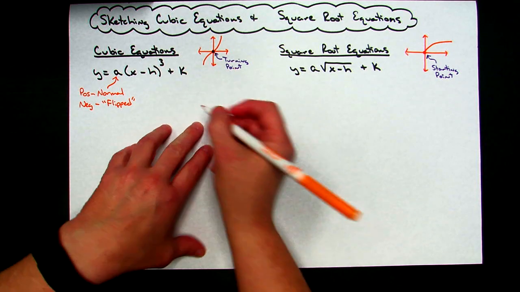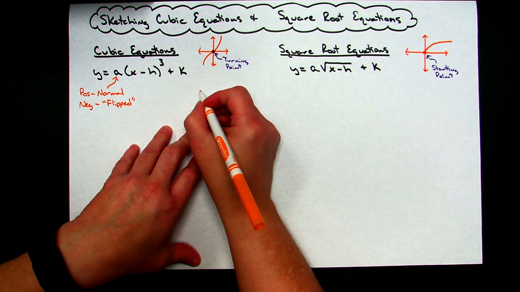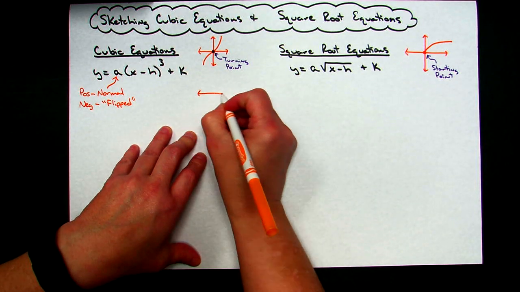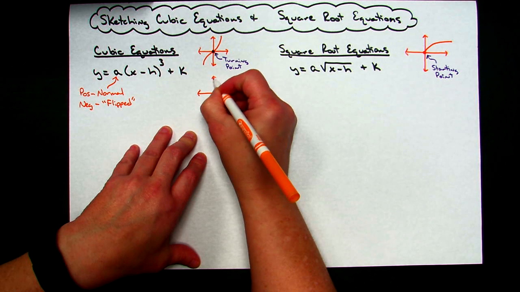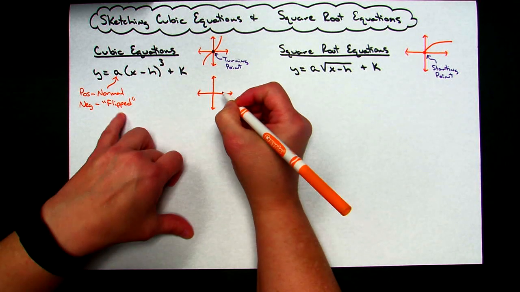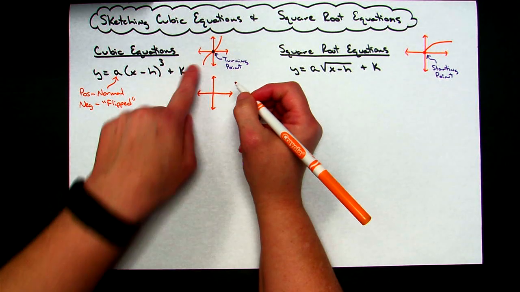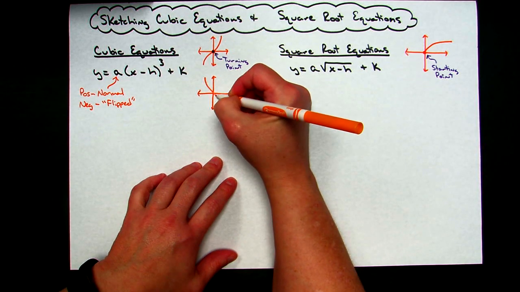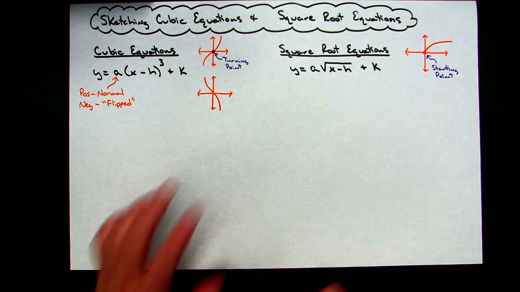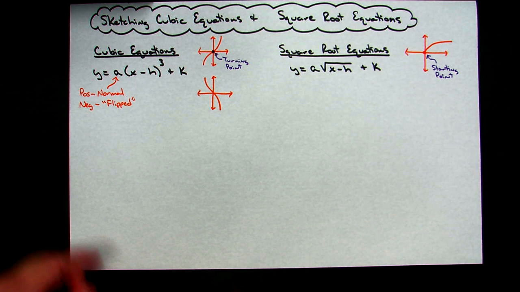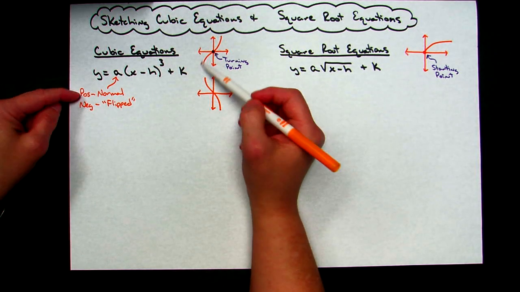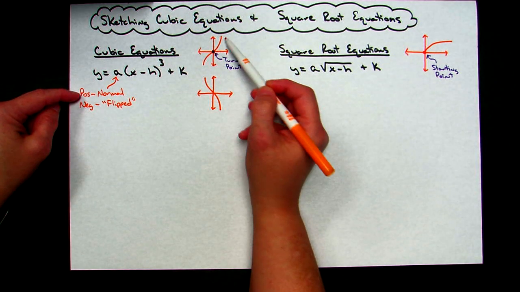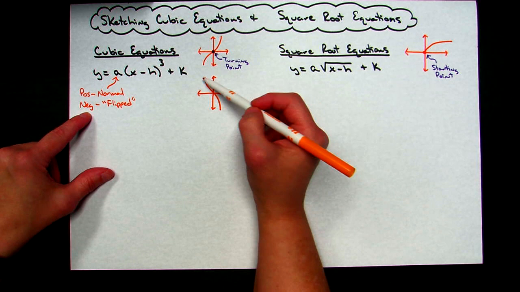So I'm just going to show you the reflected version real quick, assuming we are going through the origin. A flipped one, reflected across the y-axis, would start up at the top, come down through the origin, and go something like that. Here again, just a really rough sketch. So when that leading coefficient is positive, it has a down-up behavior. When it is negative, it has an up-down behavior.